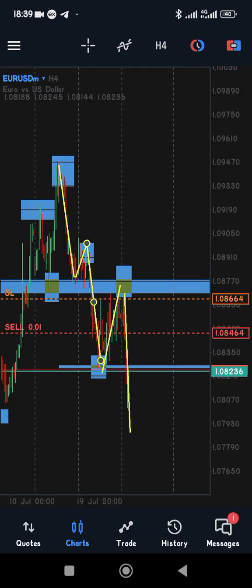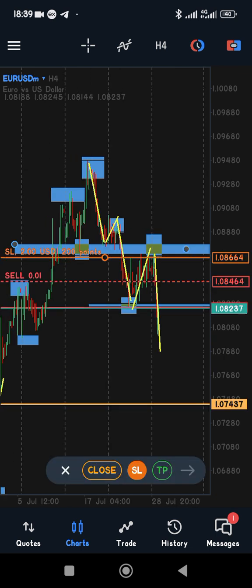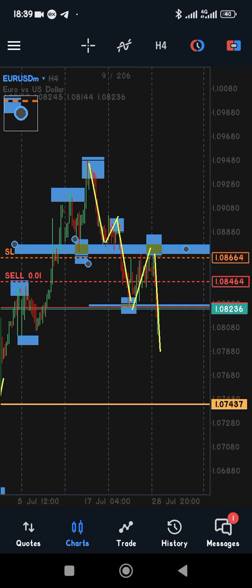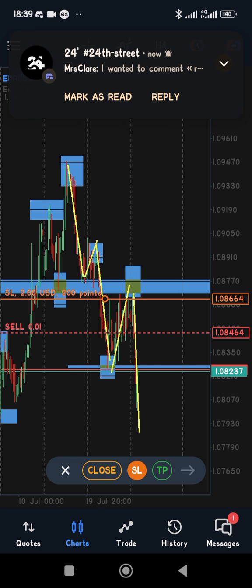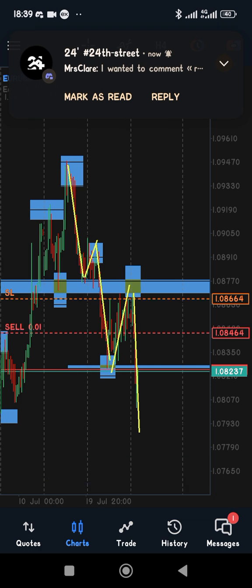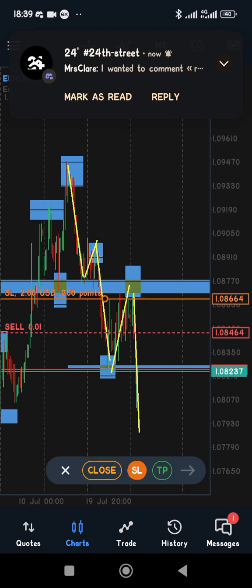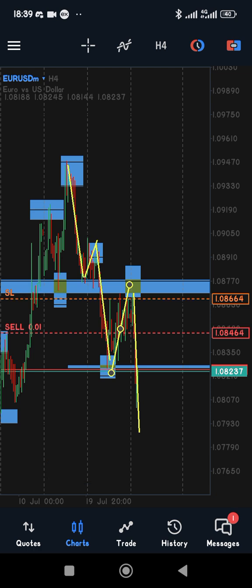Once I see change of character, change of structure over this particular area, when the last higher low was broken, I begin to look for a sell. I waited for a retracement, this particular retracement over here, this one.